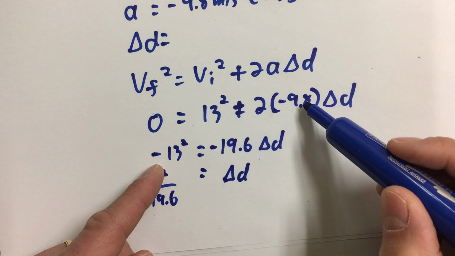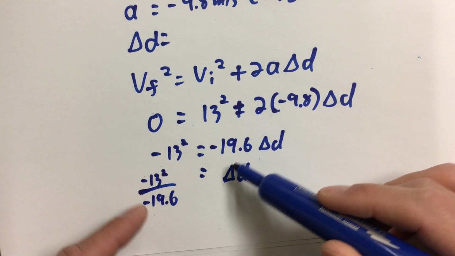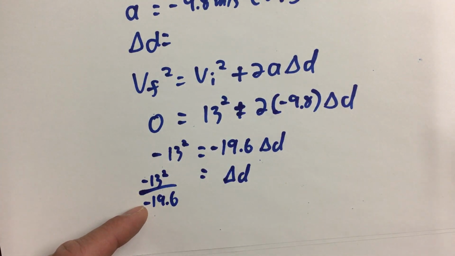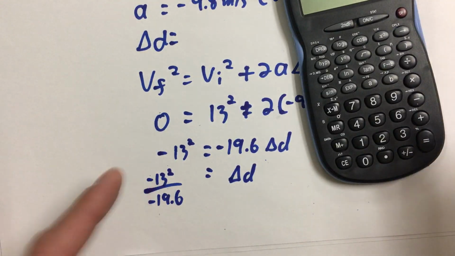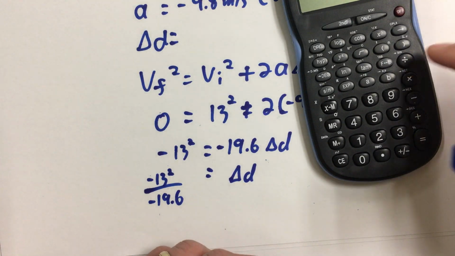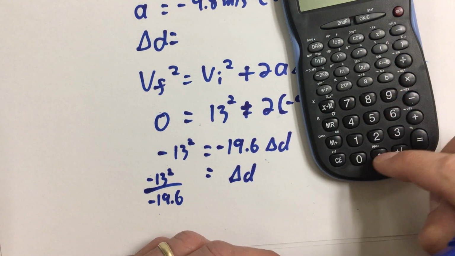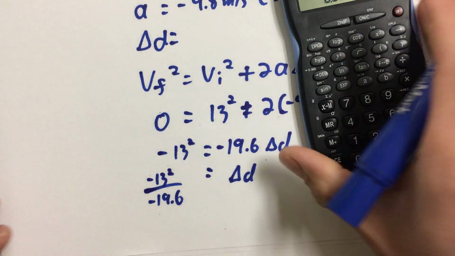And I multiplied negative 9.8 times 2, giving me a negative 19.6 there. I then divided both sides by negative 19.6, giving me a displacement of 13 squared over 19.6. Those negatives cancel out. So I've got 13 squared divided by 19.6, and that gives me 8.6.